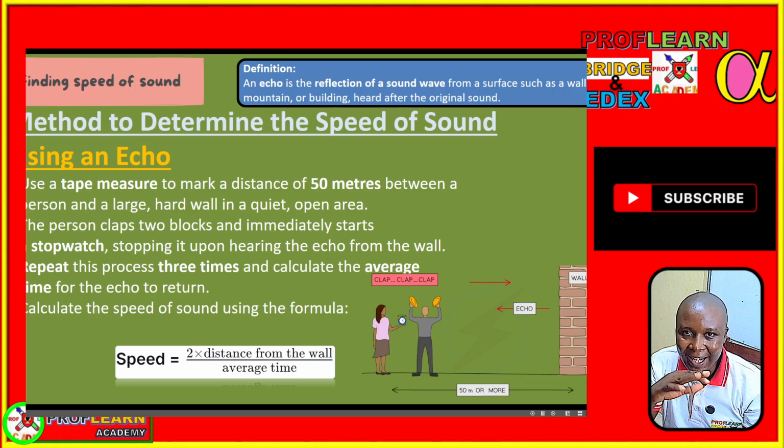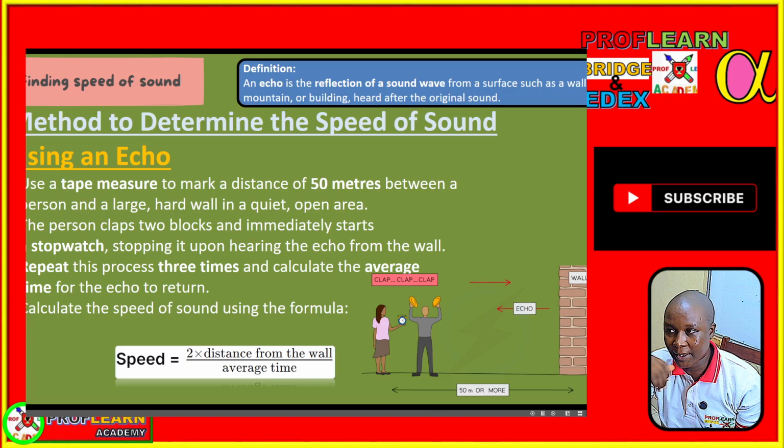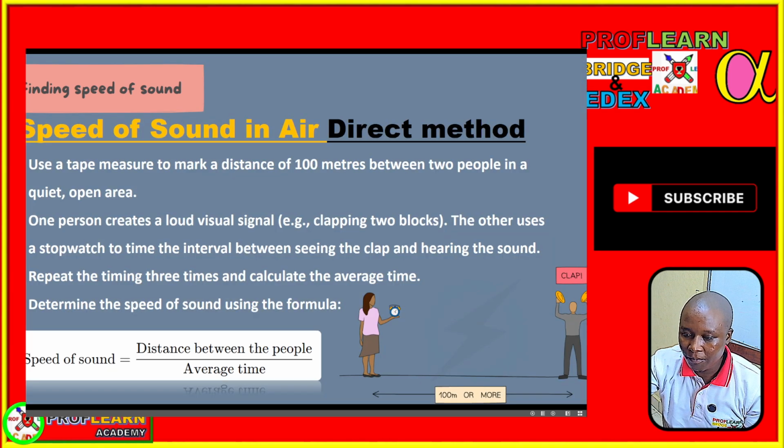And something that you need to understand, guys, is that an echo covers twice the distance, because sound is going to travel from where it's produced to the wall, and it's going to be reflected back. So if the distance is 50 meters, it will cover 50 meters, and then it will come back 50 meters. So the total distance it covers is 100 meters. Now, in this case, you can see 50 and 50 is going to form 100 that we used in the previous section.